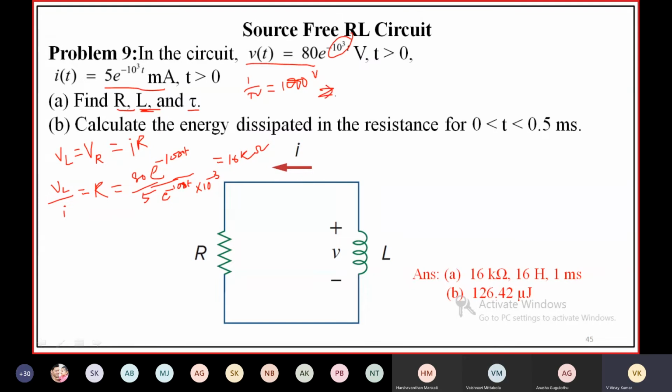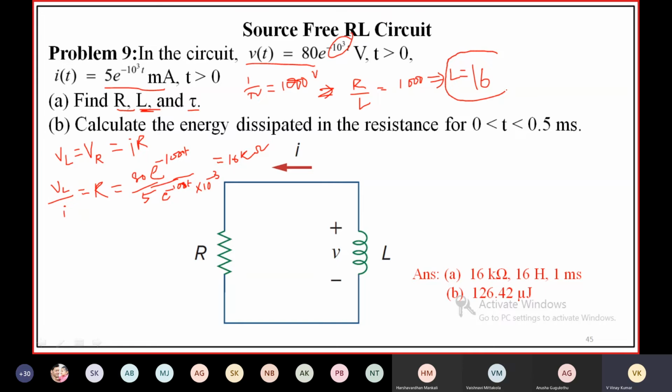You know tau is equal to L by R, so R by L is equal to 1000. From this we can find the value of L. R is 16 kilo ohms, and 16 kilo ohms by 1000 gives 16 Henry. So 16 Henry is the value of the inductor.